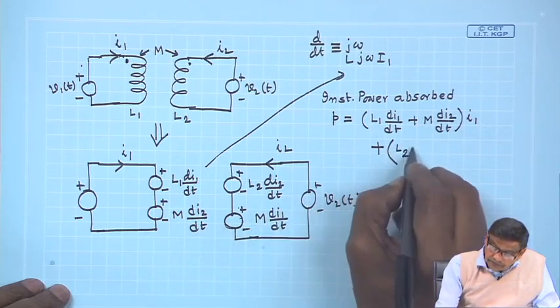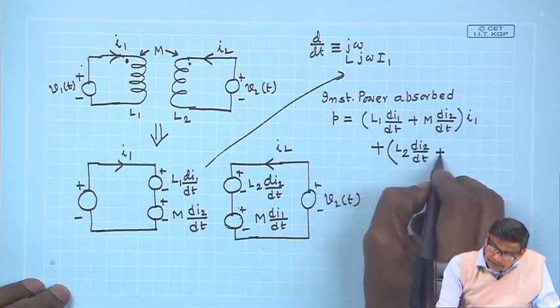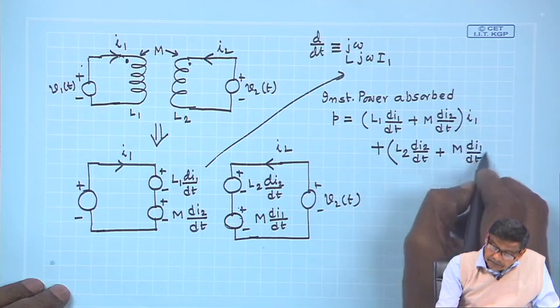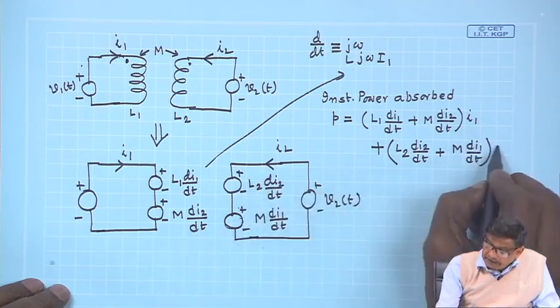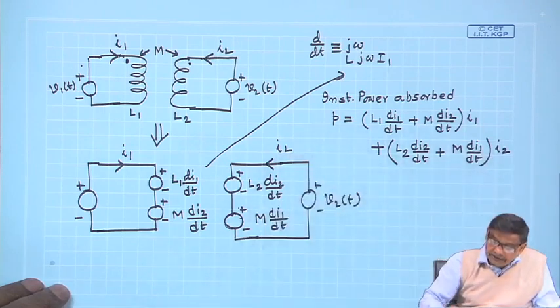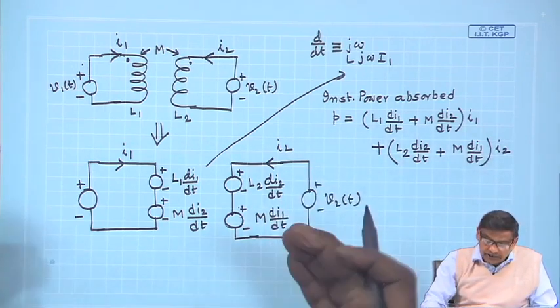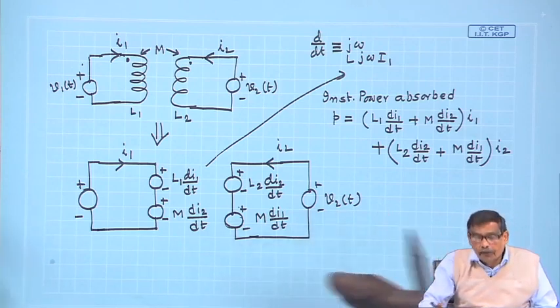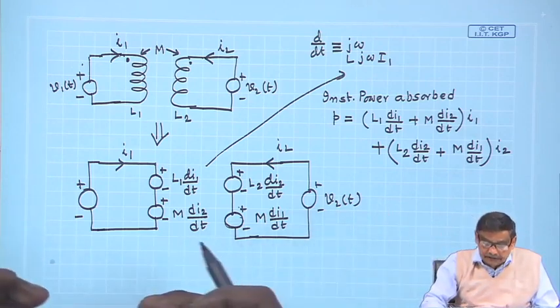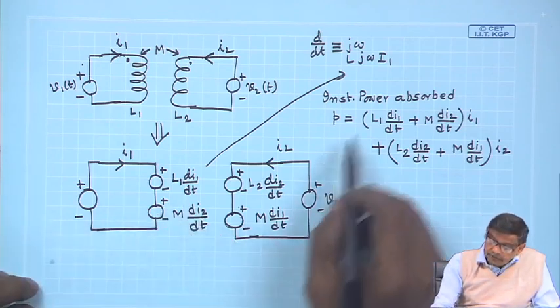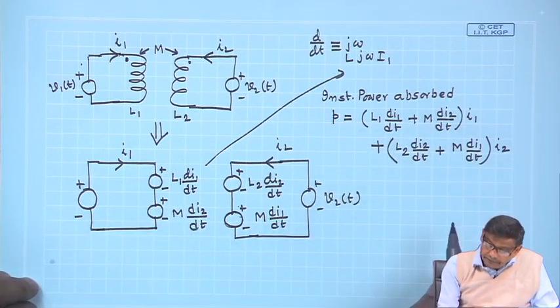It is L 2 d I 2 dt plus M d I 1 dt and the current is I 2. This is the instantaneous power. So, both the sources are as if pumping power into the system. The system is L 1, L 2 and M. So, this is how it looks like.